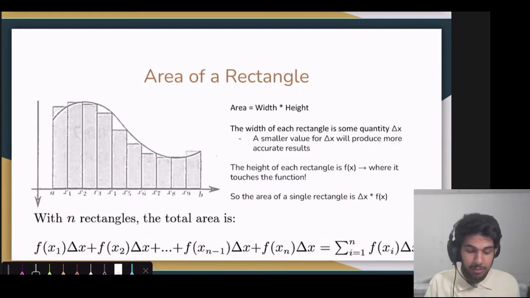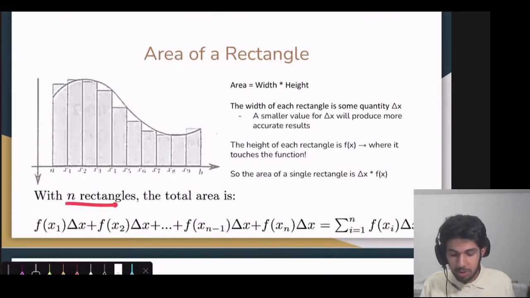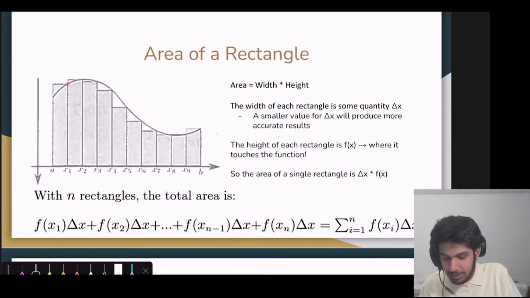So the area of a single rectangle is that width delta x times f of x at that point. So with n total rectangles, where n is just some constant, the total area is f of some x1, perhaps here, where the function is evaluated at, times delta x.